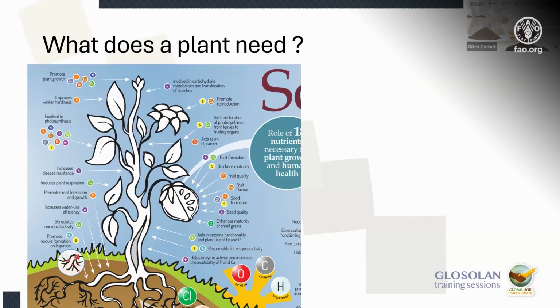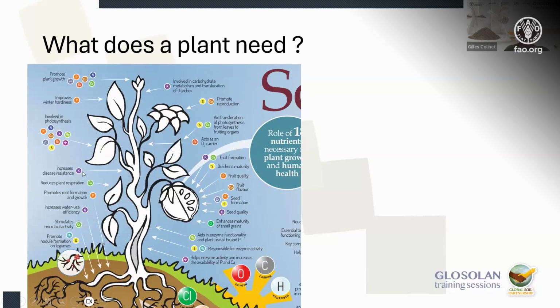You see that there are a lot of elements. Some will promote plant growth, such as nitrogen, calcium, copper, iron, zinc, phosphorus. Others are involved in the photosynthesis.